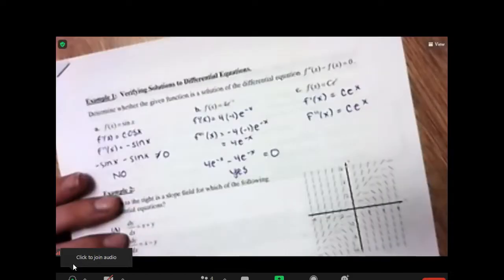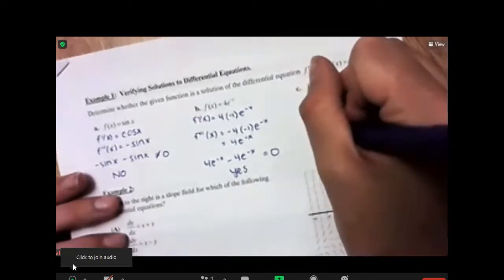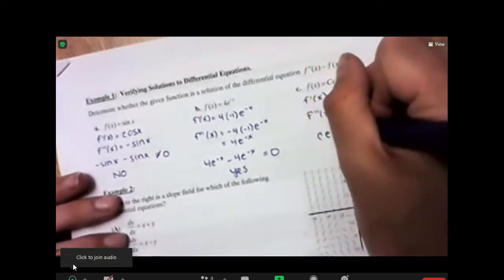So the derivative of e to the x is one of the unique functions where its derivative and graph will look exactly like the original. So you'd have c e to the x minus c e to the x, which we know would in fact equal 0. And that all has to do with the property of e to the x and the fact that it is a duplicate of itself.